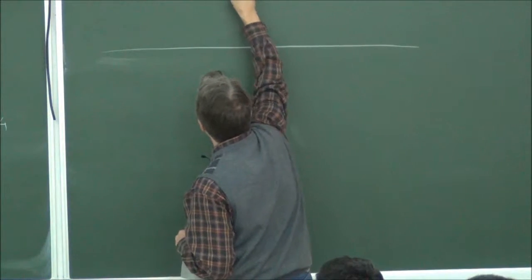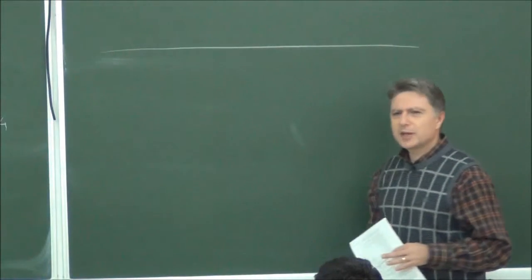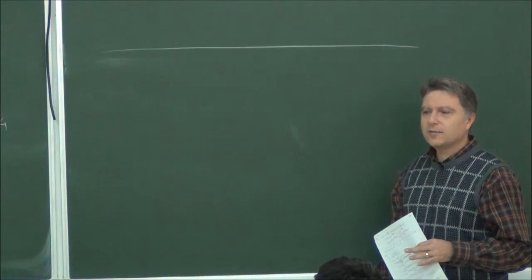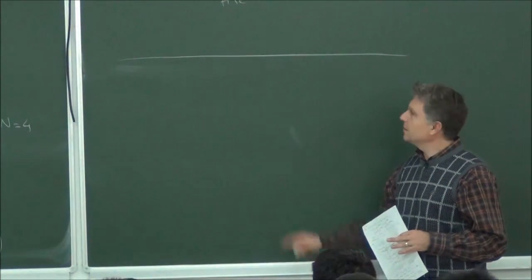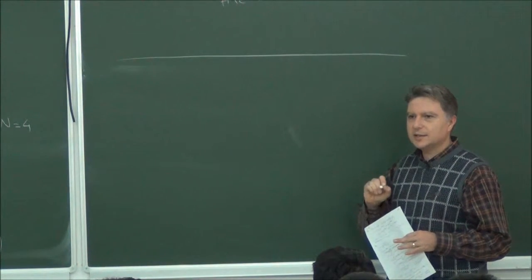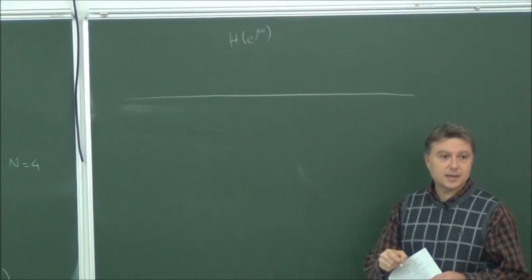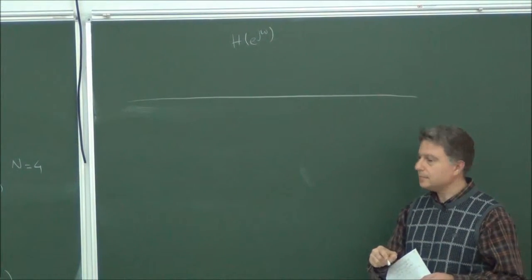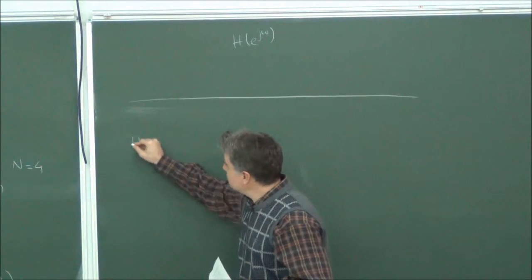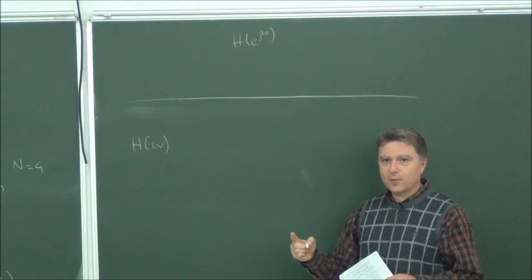And it will be called, by the way, H of e to the j omega. Do you remember what we were calling the frequency response in continuous time? If you remember the quiz question yesterday, first hour, I called it H of omega. Remember that? Because it's a function of omega.